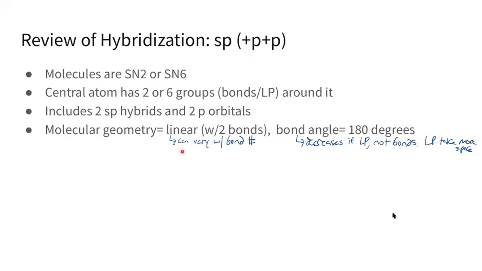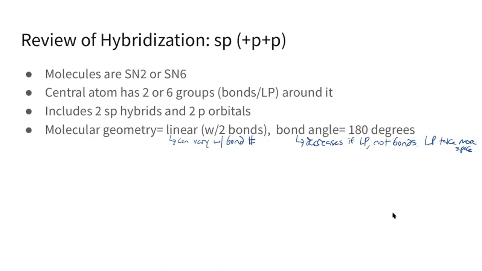So the geometry can vary with bond number. Also, the angle between the bonds is 180 degrees for sp hybridization. However, it's important to note that lone pairs, if you remember, take up more space than bonds. So the bond angle will decrease if I have a bond and a lone pair around my central atom versus if I have 2 bonds.